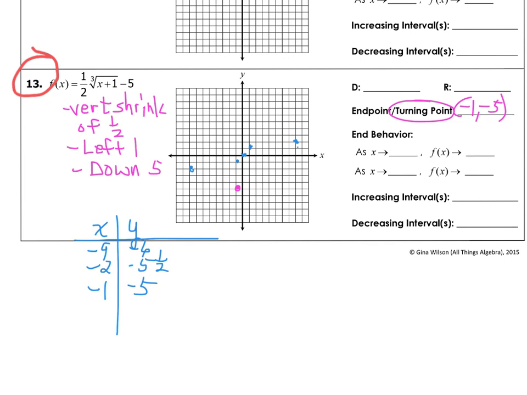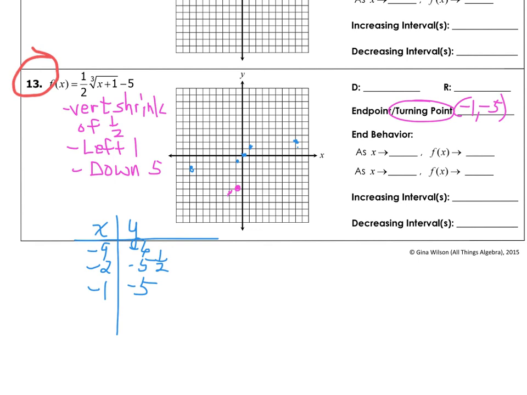Okay. Oh, I didn't plot my -2, -5.5. So let's do the -2 and then go down 1, 2, 3, 4, 5.5, which is going to be really difficult, but I'm going to try right there. Well, it's kind of sort of there.